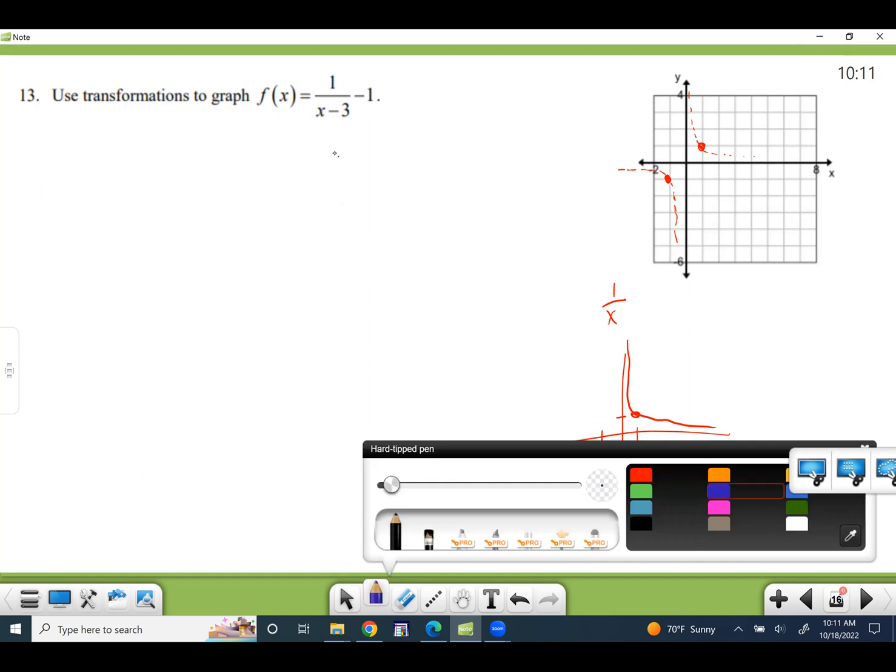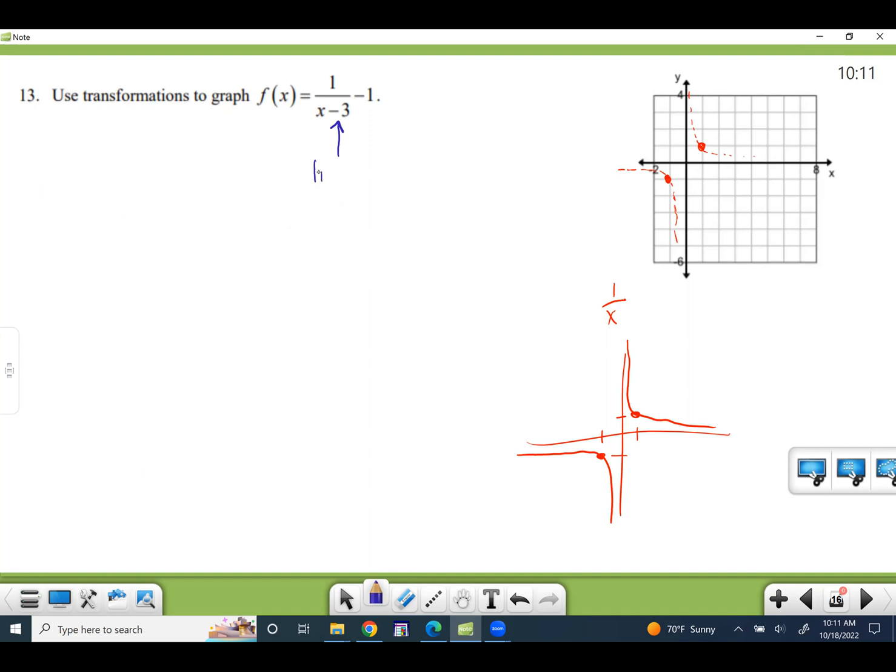So remember, anything inside is lying, and it moves it left or right. Since it's lying, negative you would think would mean to the left, but we're going to go 3 to the right. The back end is telling the truth. Whatever it says, you do exactly what it says. So -1 is going to mean down 1.